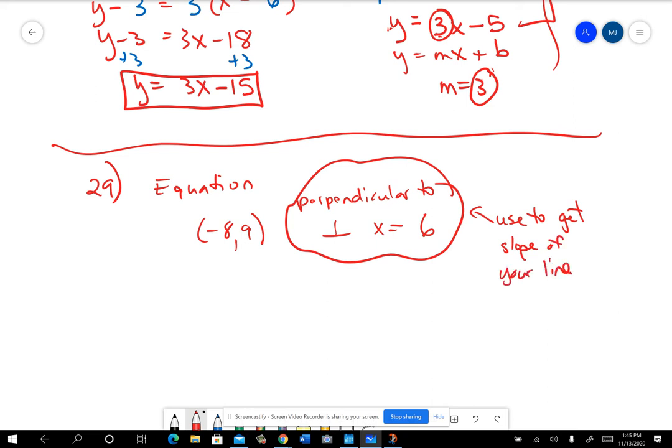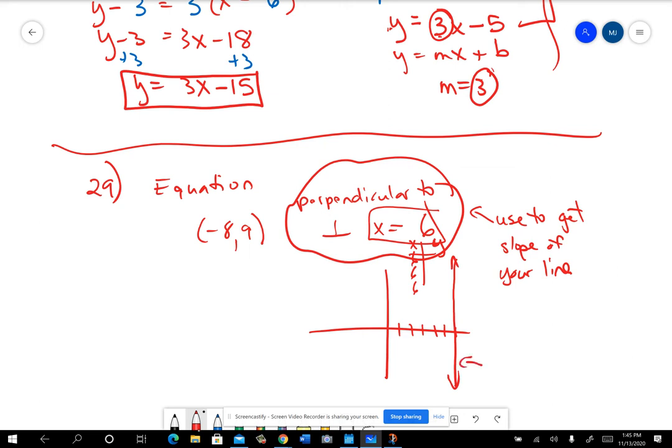Okay. So I've got to think about this. It really helps to think about this. If you have a line x equals 6, it just means all the x's were 6. So this line is x equals 6, the vertical line through 6.